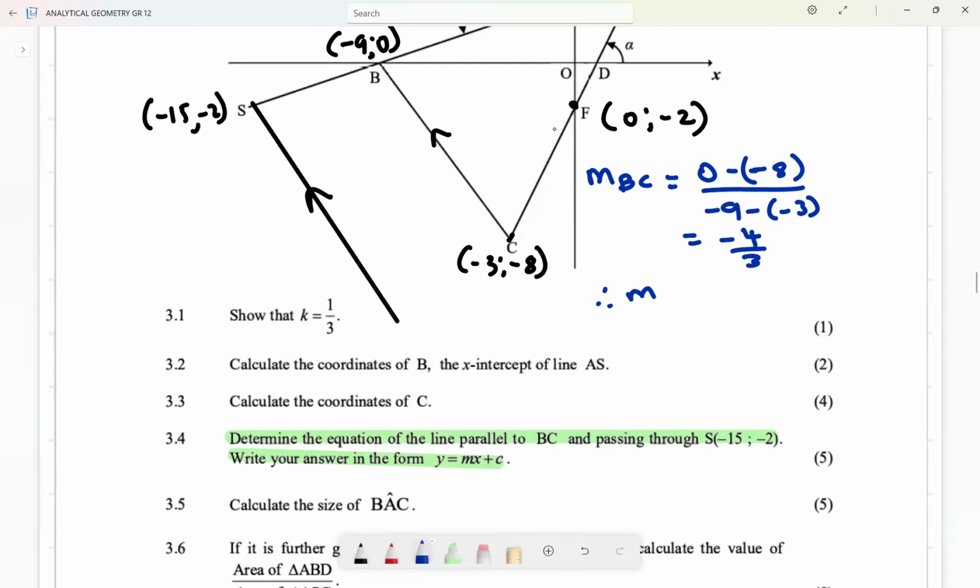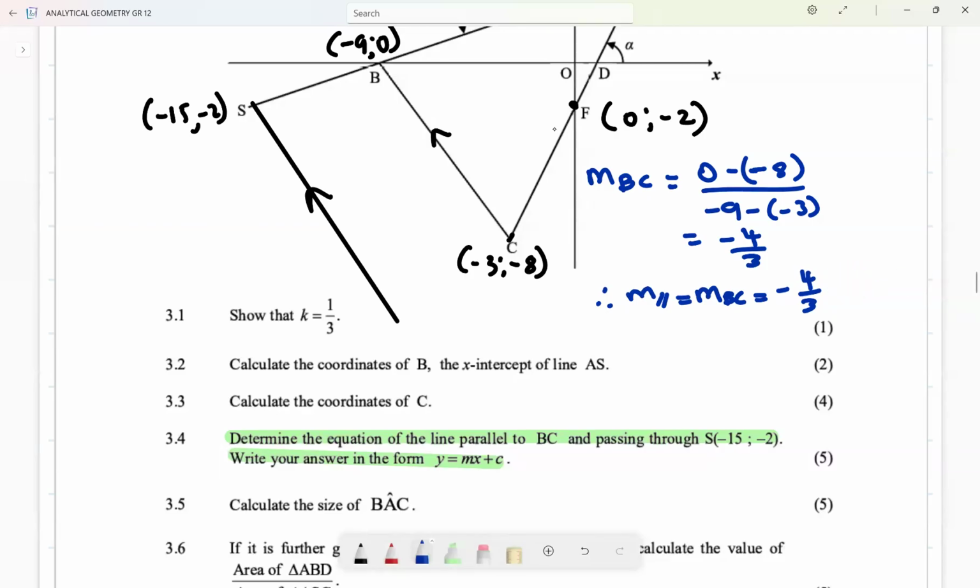Therefore, the gradient of the parallel line is the same as the gradient of BC, which is -4 divided by 3. Why? Because the lines are parallel. BC is parallel to that line.